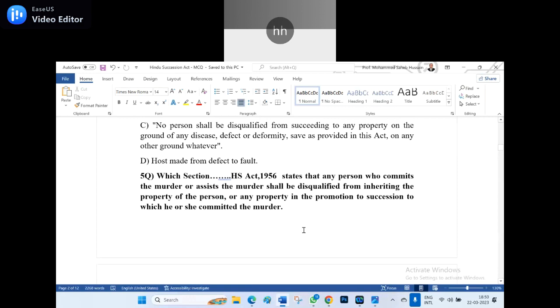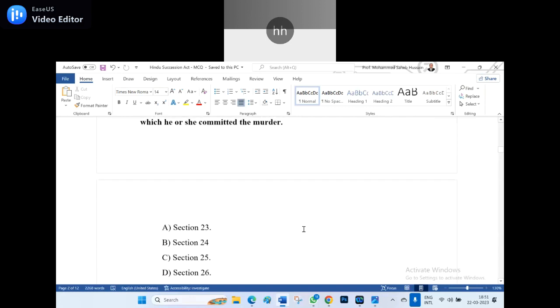Okay, now fifth question. Which section of the Hindu Succession Act 1956 states that any person who commits murder or assists in murder shall be disqualified from inheriting the property of the person, or any property in the succession to which he or she committed the murder?